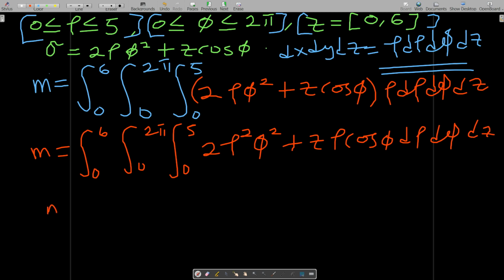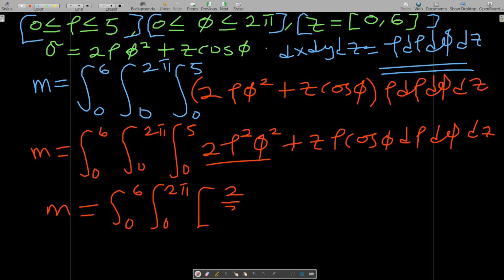So now let's integrate with respect to rho, okay, from 0 to 6, from 0 to 2 pi. Now in terms of rho, if I integrate this side with respect to rho, I'll get 2 over 3 rho cubed 5 squared, okay, plus integrating this side with respect to rho, 1 over 2 z rho squared, because there's a rho here, then cos phi.